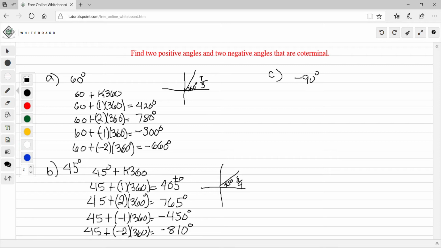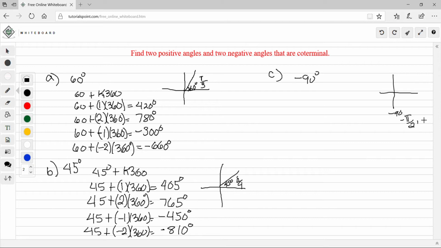Now let's do negative 90. First, I'm going to draw it. Negative 90 is right here. It can also be called negative pi halves, or if you wanted to go positive, it would be positive 3 pi halves, right?